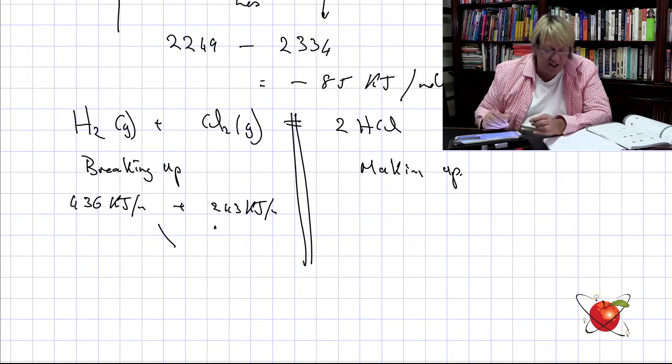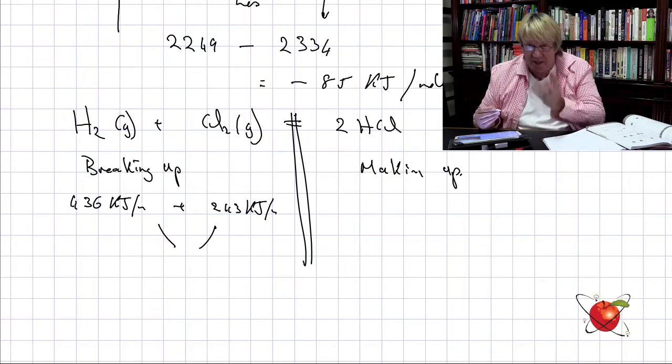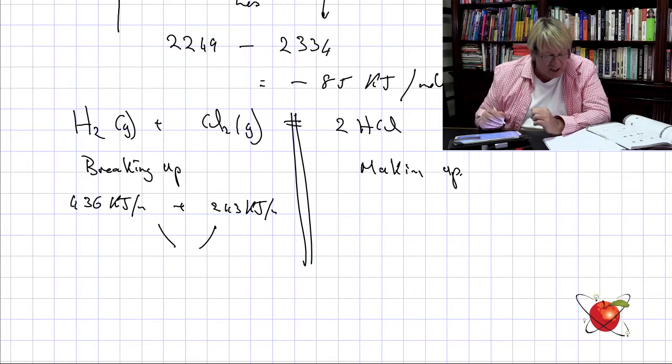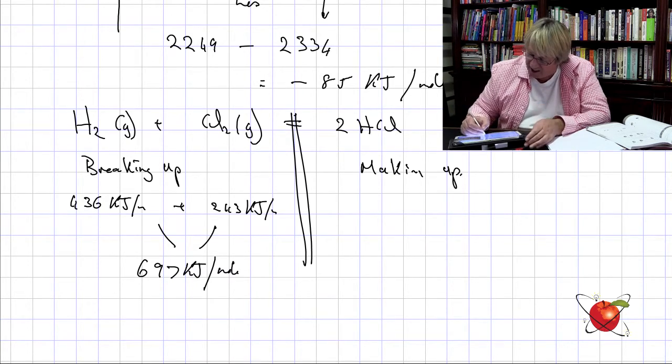So if we add those, that's the total energy that we need to put in to break this lot up, to get us a broken up situation. Then what do we say? Let's add them: 679 kilojoules per mole, and out is an HCl.